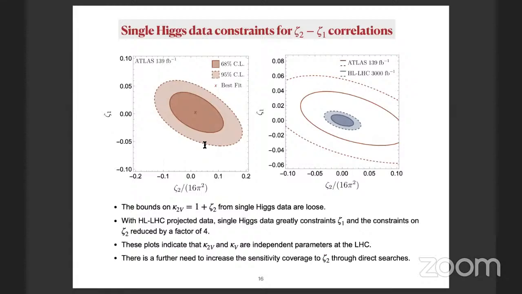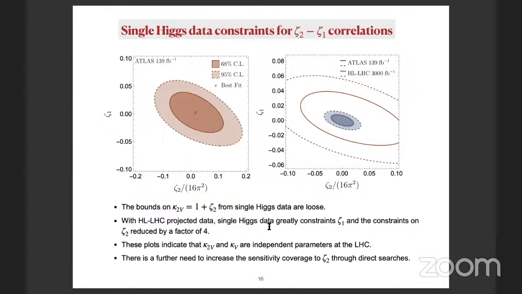We can clearly see that the bounds on zeta1 are strong as expected, and the bounds on zeta2 are very loose if we remove this 16 pi square factor. Even if we translate this using the high lumi data, the bounds on zeta1 get reduced immensely, whereas for zeta2 there is a reduction, but not that much as expected.